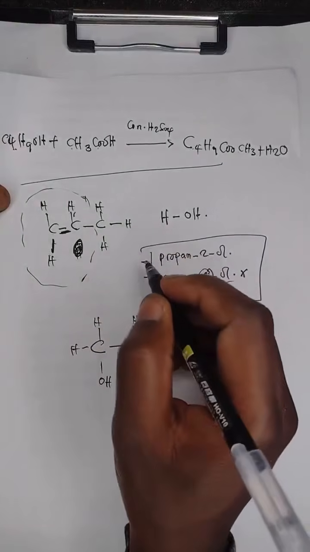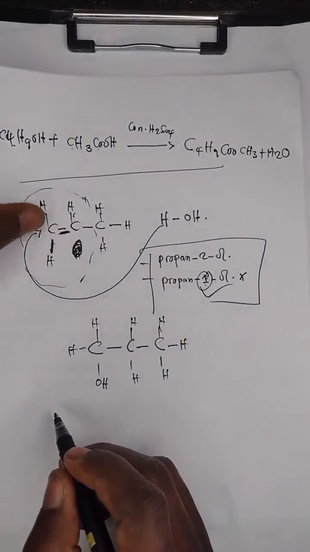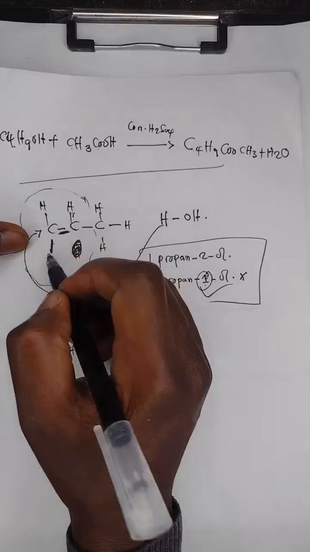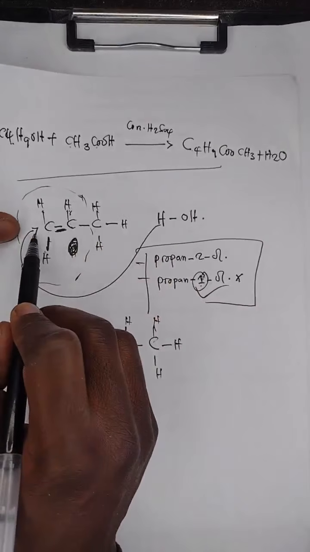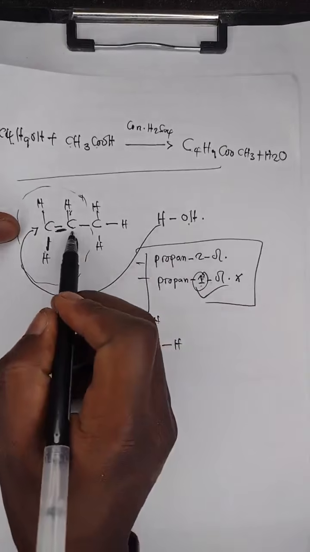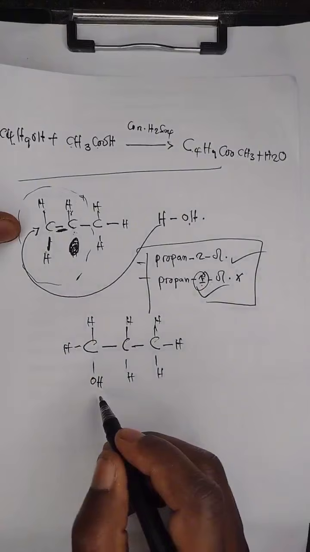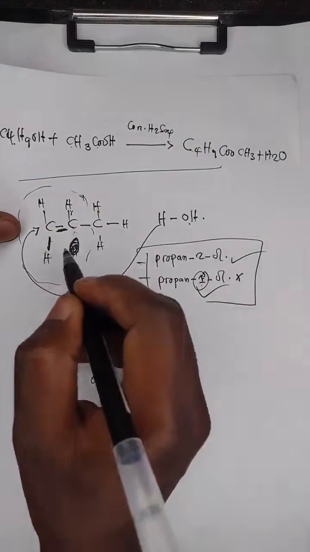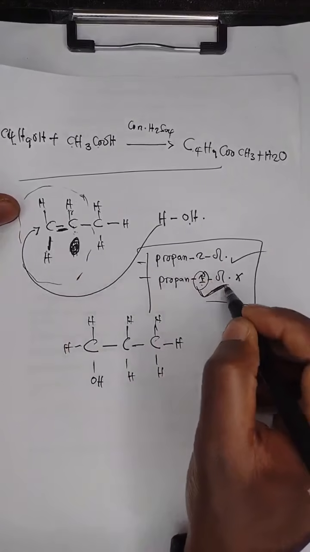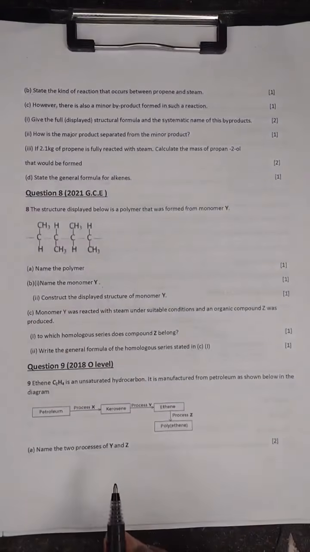When this hydration reaction occurs, hydrogen is likely to attach to the carbon that has more hydrogens. We are comparing these two. This one has only 1, this one has 2. So likely hydrogen will attach here. Therefore, OH, which is the hydroxyl group, will attach on this carbon, therefore making this the major product. But also, H and OH can be here, and that is the minor product that is produced. Okay, so that is the minor product, and that is the displayed structure.